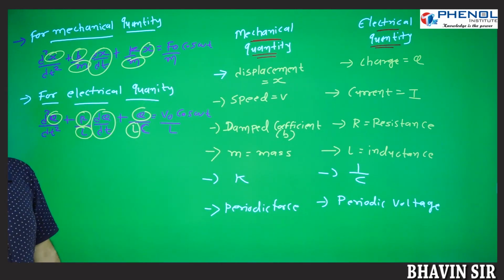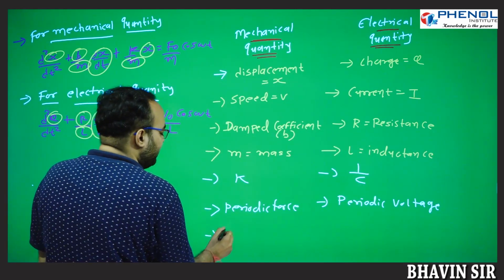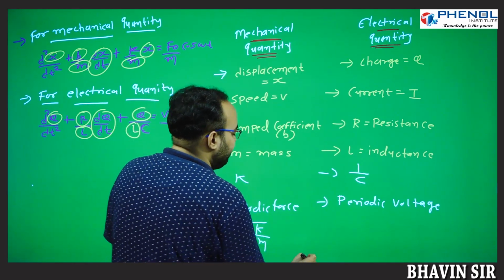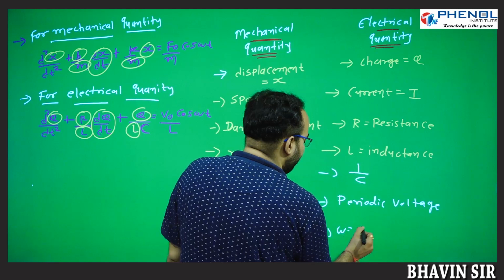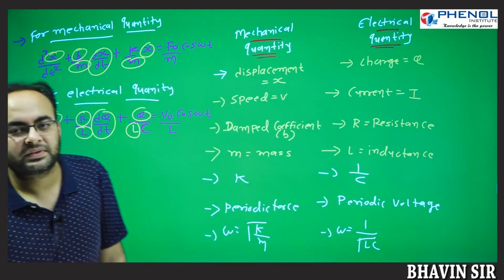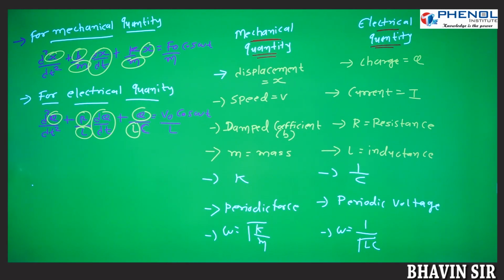What is the formula for angular frequency? Root k by m. Here, 1 by root LC. Okay, so this is the comparison table between mechanical and electrical quantity.